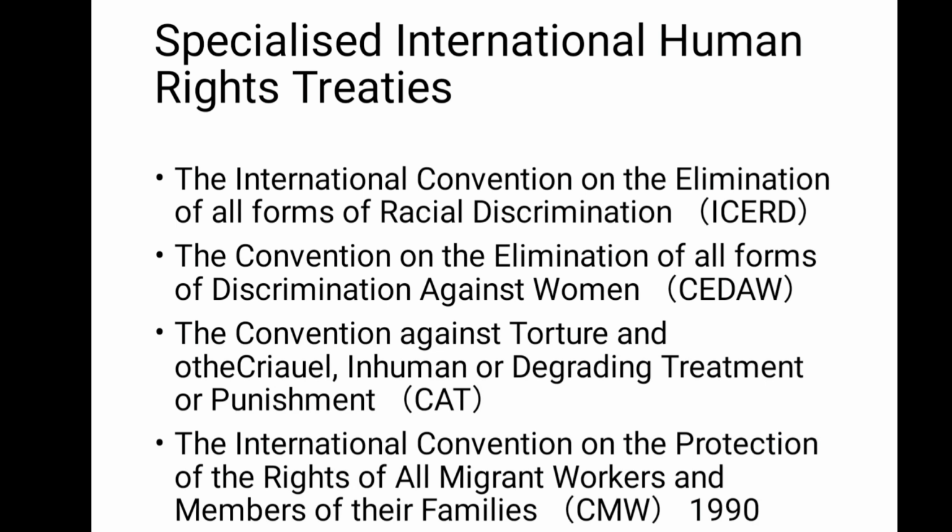So, in December 1990, the General Assembly adopted the International Convention on the Protection of the Rights of All Migrant Workers and members of their what? Families. In short, states which ratify or assent to the convention undertake to ensure that migrant workers whose rights have been violated may seek judicial remedy.